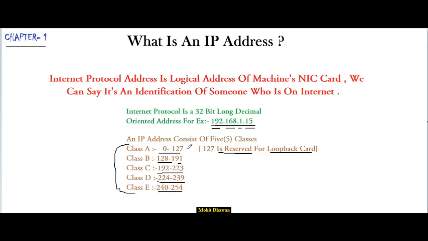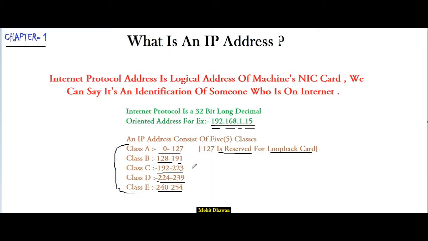I have written this table so that you can remember the range from which each class starts. With the help of this chart, you will be able to know which class of IP address you or your friends are using.